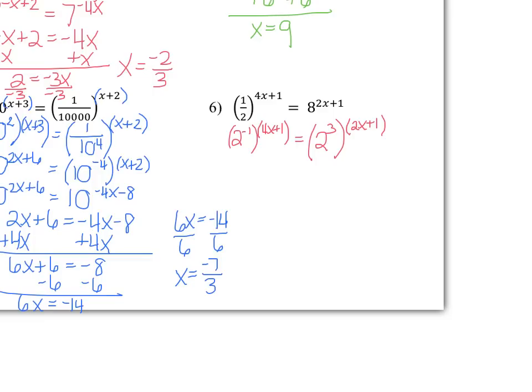So I'm going to distribute out, and I'm going to have 2 to the power of negative 4x minus 1 equals 2 to the power of 6x plus 3.